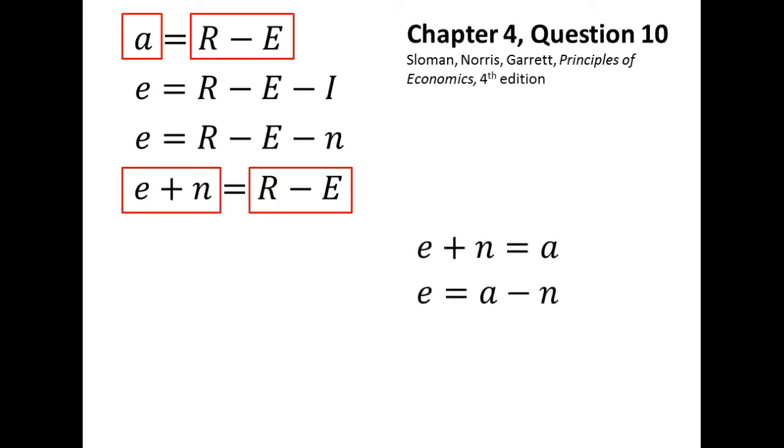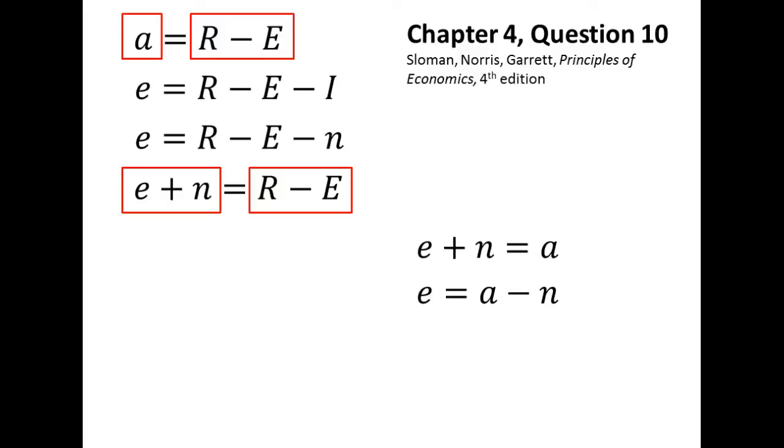Now let's rearrange it a little bit. So we'll transpose the normal profit back from the left hand side over to the right hand side. So now we've got economic profit equals accounting profit minus normal profit, which is really implicit costs, but anyway.